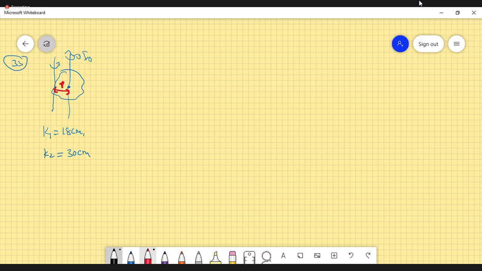So from the parallel axis theorem, what is the parallel axis theorem formula?